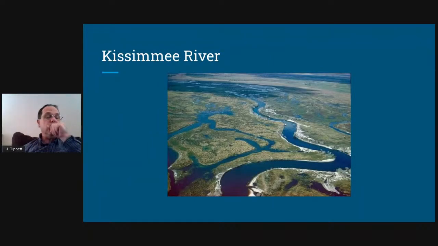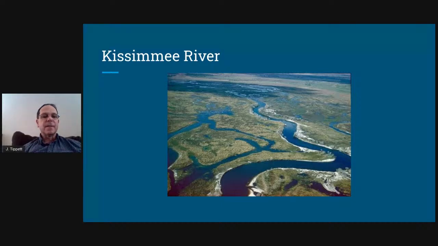And probably nowhere is there a better object lesson story of the dangers of doing this than the Everglades in Florida, and in particular the river that feeds the Everglades, called the Kissimmee River. And some of you who are in my 230 class have heard me talk about this before.